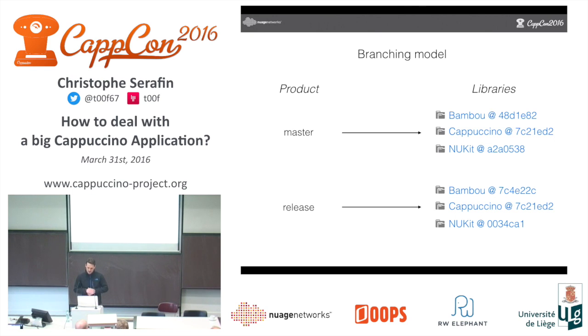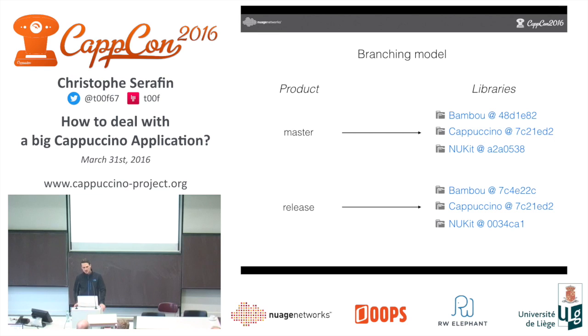The master is linked to Bamboo with the specific hash 48D1E82 on a specific branch of Cappuccino and NuKit. And as you can see on this slide, the Cappuccino version has not changed from the master to the release, but Bamboo and NuKit have been updated. Some fixes, some improvements, but you have a specific version.